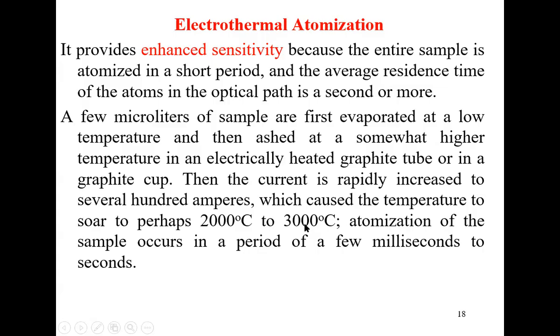volumes in electrothermal atomization. A few microliters of sample are fast evaporated at a very low temperature and then ashed at somewhat higher temperature in an electrically heated graphite tube. So you put the graphite tube within the electrodes. And then once that happens, then the current, notice the two processes there.